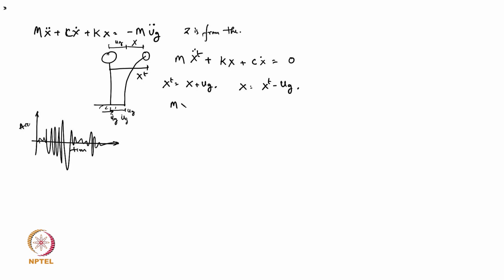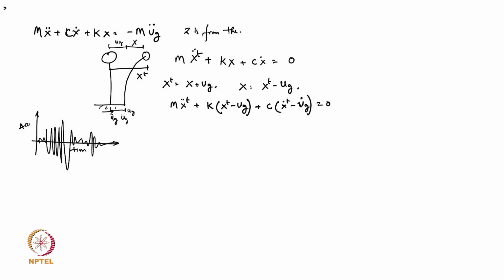So I can write m x double dot plus k into x total minus ug plus c into x total dot minus ug dot, that will be equal to 0.